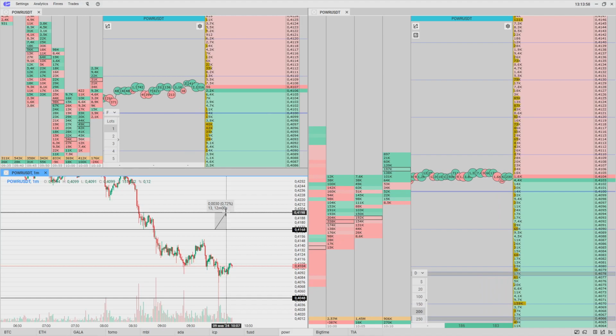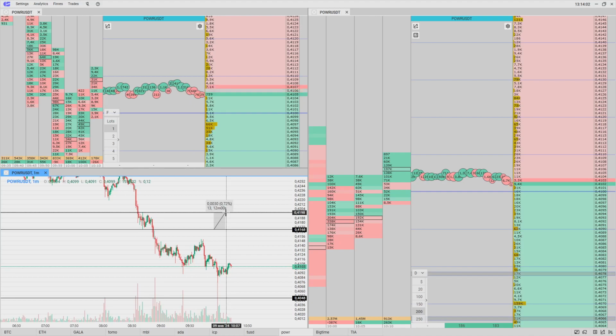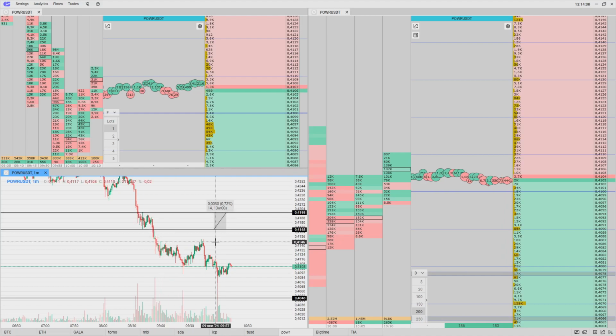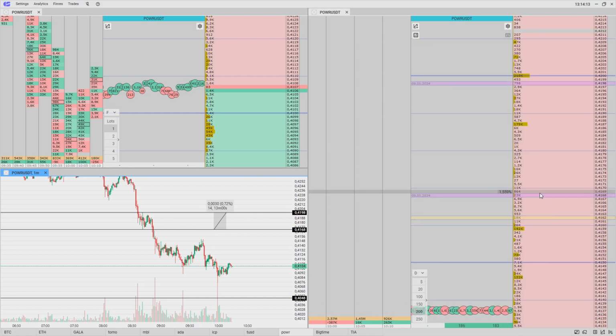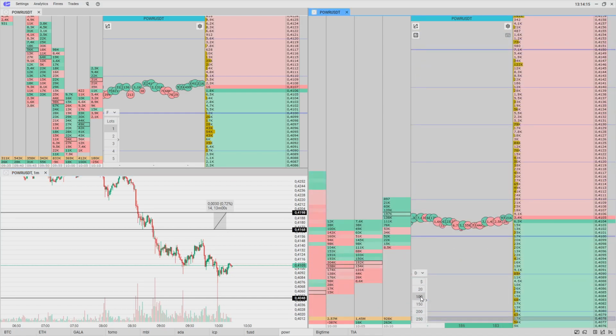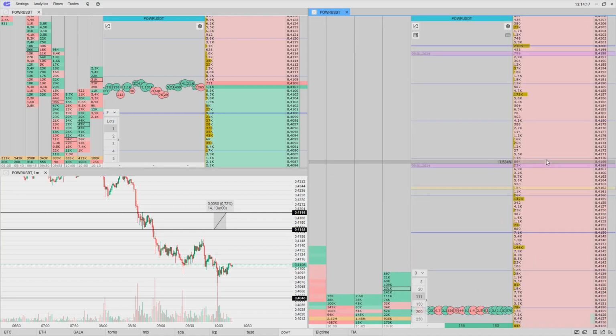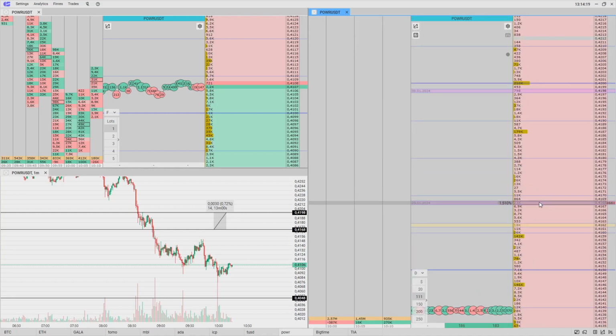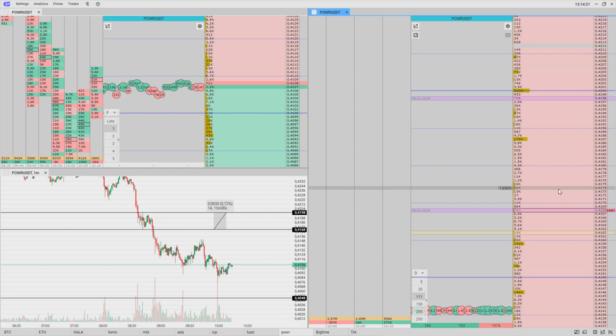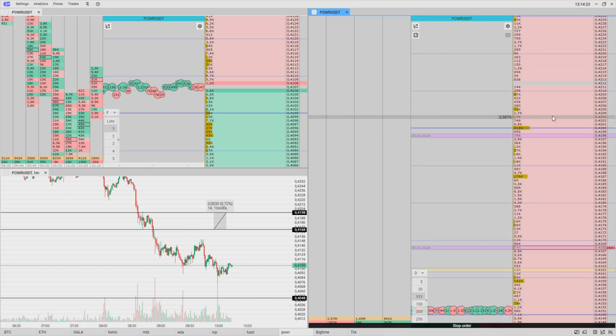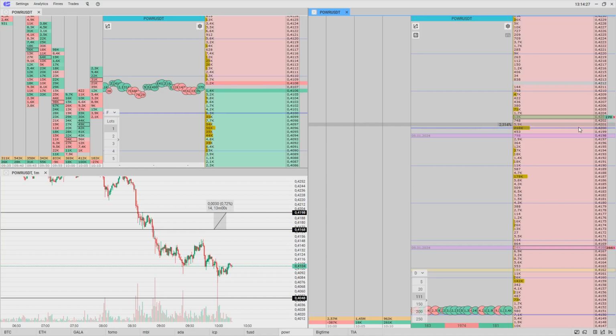So we divide $1 by 0.009. There will be $111, that we place just here, for example. And somewhere here we place the analog for stop loss.